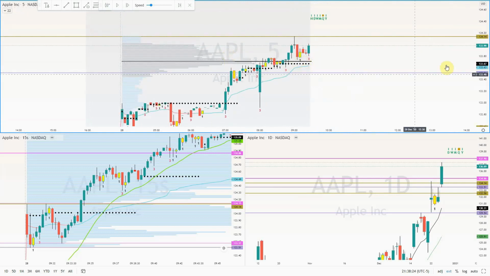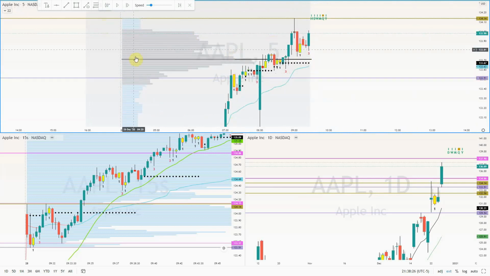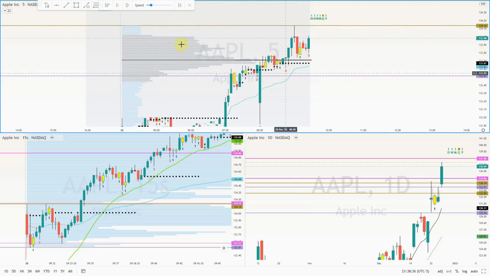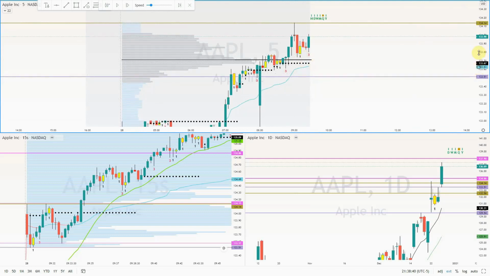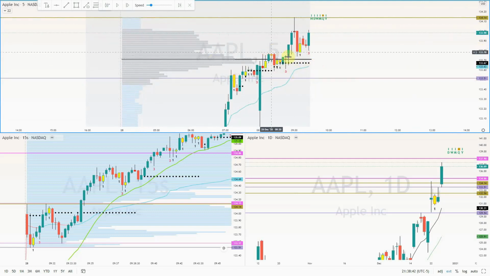All this means is, you see how this gray area is called the value area. So that is the price range between 133 and 134ish, where most of the pre-market transactions have occurred. And then this black line that's sticking out, that's where the highest concentrations within that have occurred.